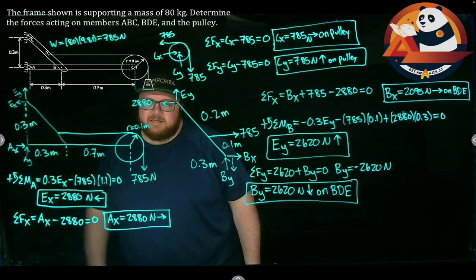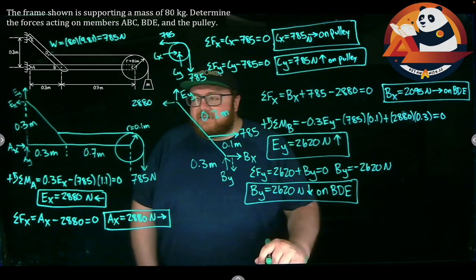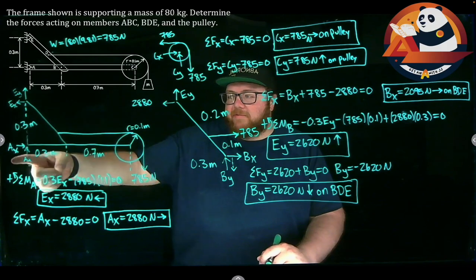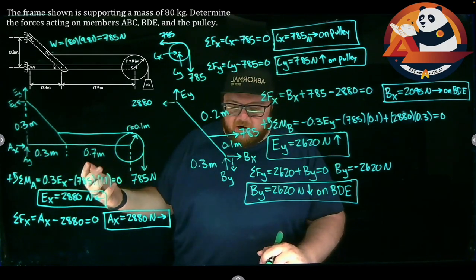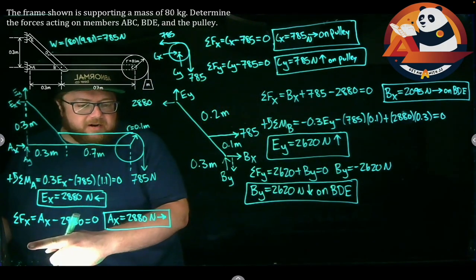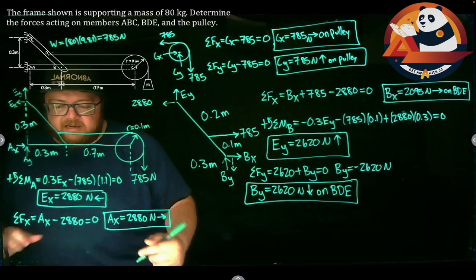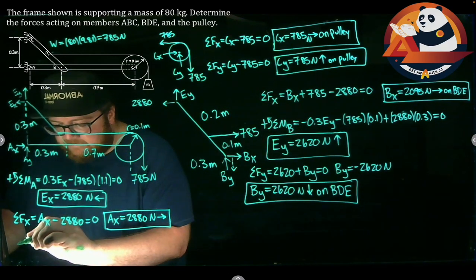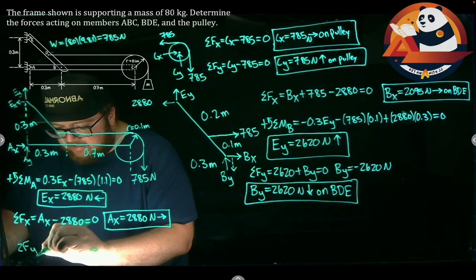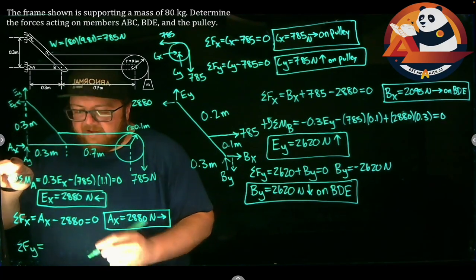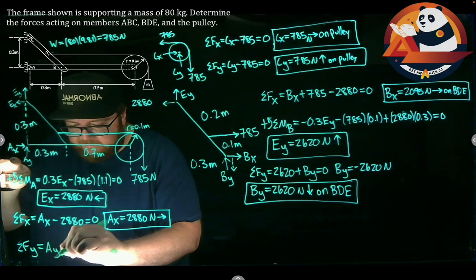That works for us, but really the easiest thing to do would be to say, I already drew a free body diagram that had AY on it. It's my only unknown left. We can come back over here now at the very end of this problem. Let's just sum forces in the Y. Summing forces in the Y direction, I'd have AY going up.